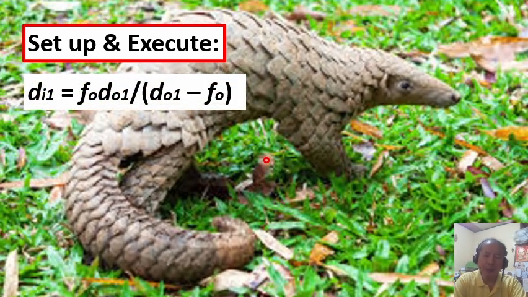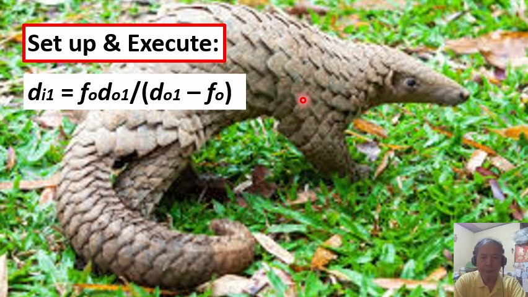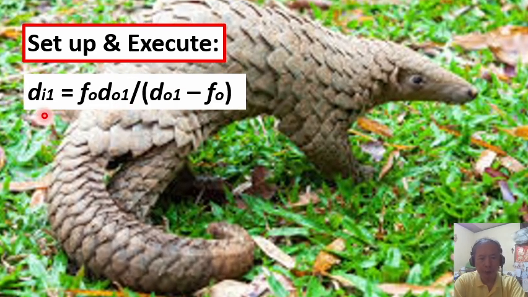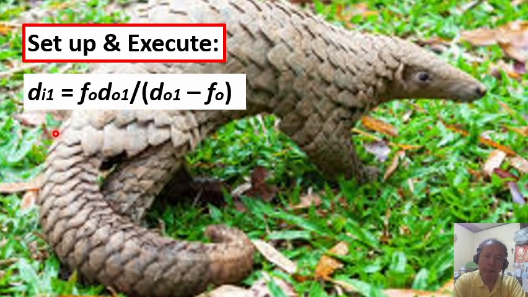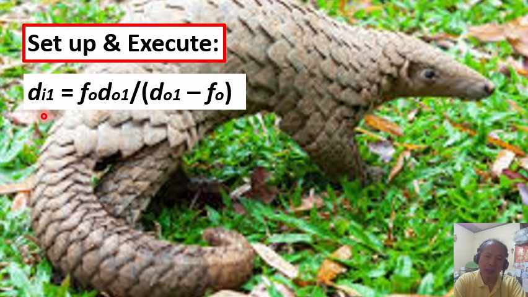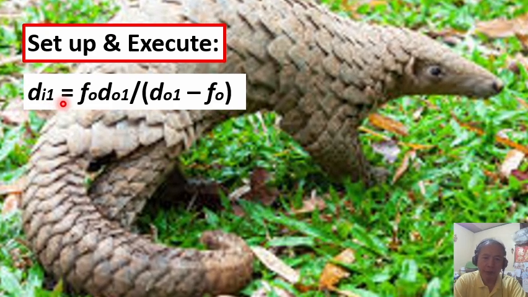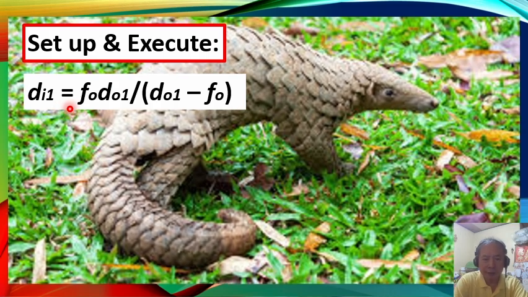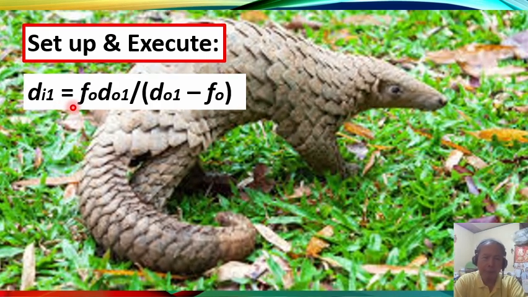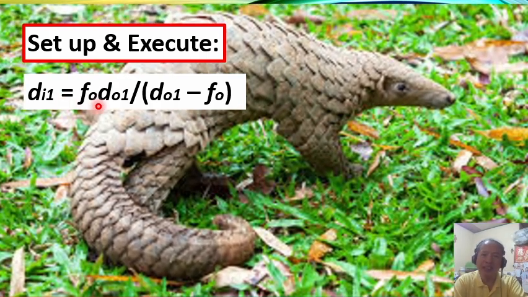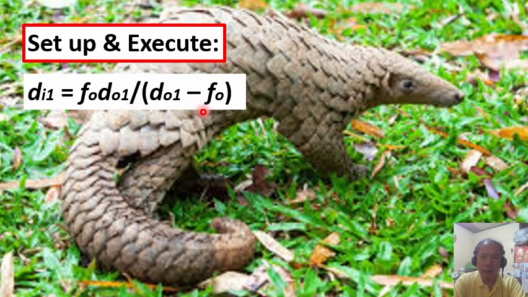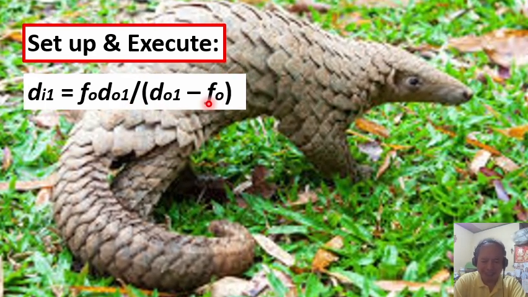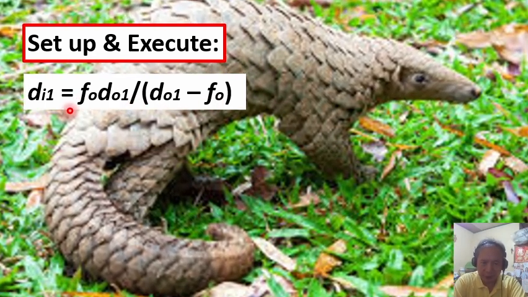Moving on to our solution, we determine the distance d sub I1, right? Or how far the first image is from the objective lens using the formula.